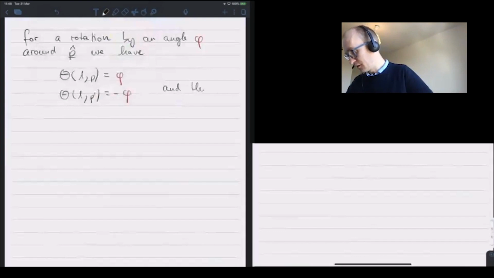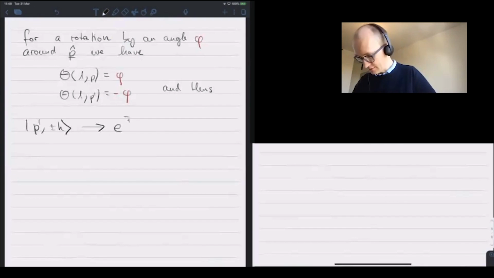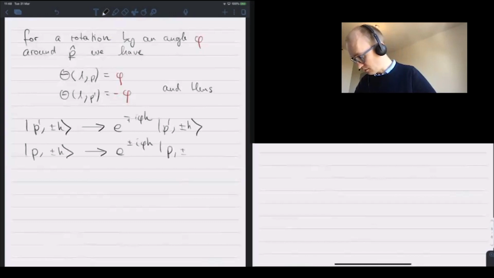And thus, the Lorentz transformations, this is the important bit now, they are equal to e to the minus plus i phi h p primed plus or minus h, and p plus or minus h goes to, well, all that happens is that you reverse the sign here in the exponent. The sign being precisely this.